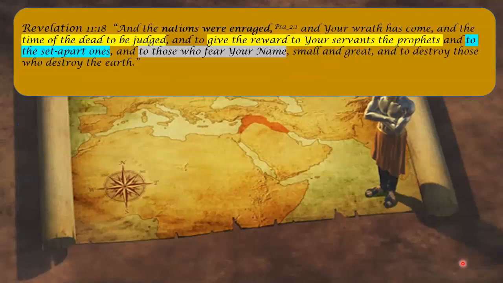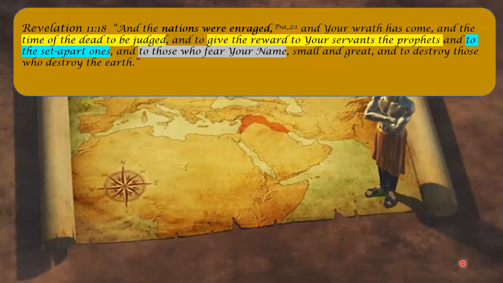Now, Revelation 11:18, we read, "And the nations were enraged, and your wrath has come, and the time of the dead to be judged, and to give the reward to your servants, the prophets, and to the set apart ones, and to those who fear your name, small and great, and to destroy those who destroy the earth."